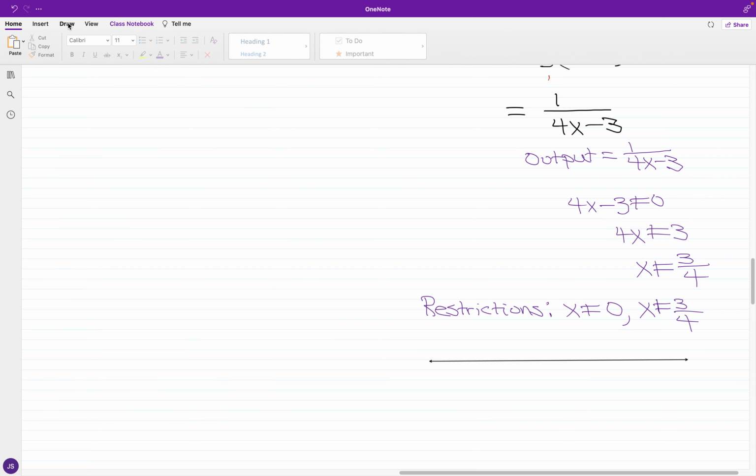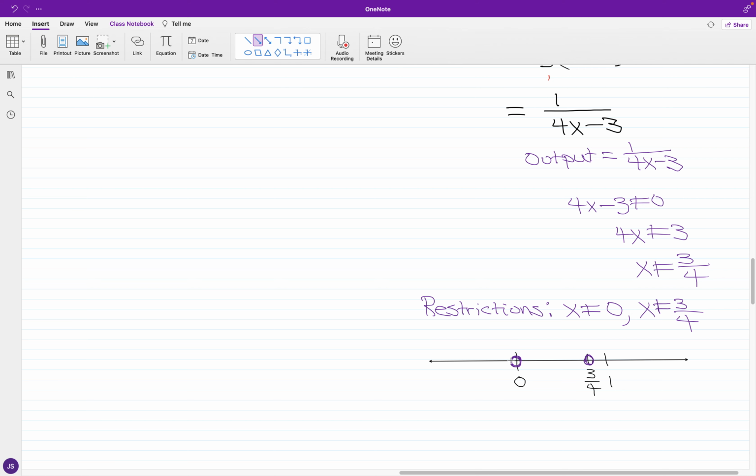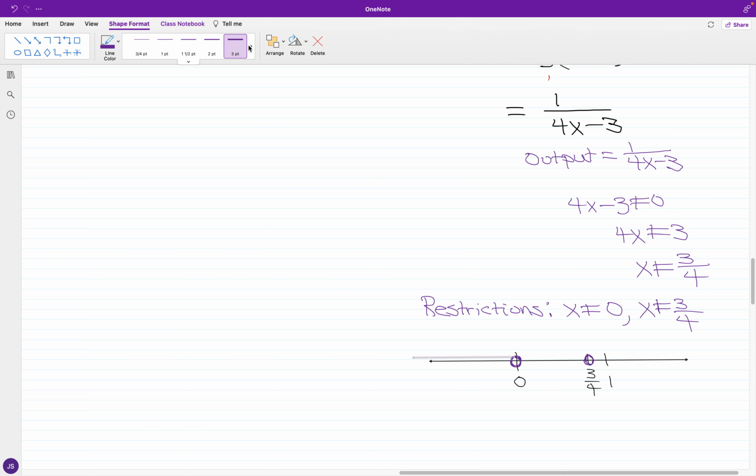And now we have the excluded values of 0 and 3/4. Okay. And again, 3/4 is between 0 and 1, but a bit closer to 1. So 3/4 is left out, 0 likewise. And looking at what will be in the domain, we have all the other values.